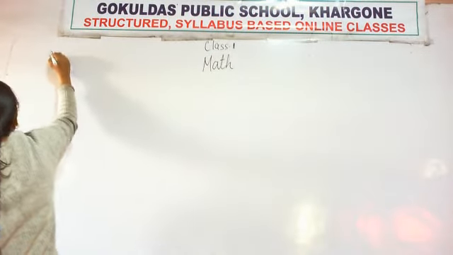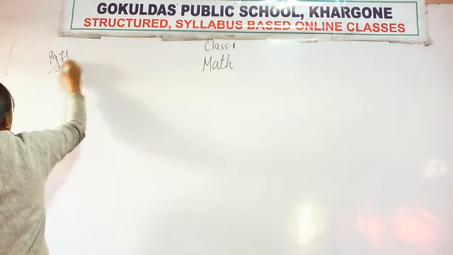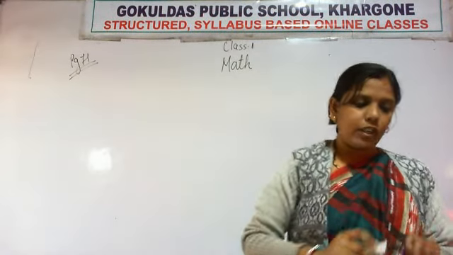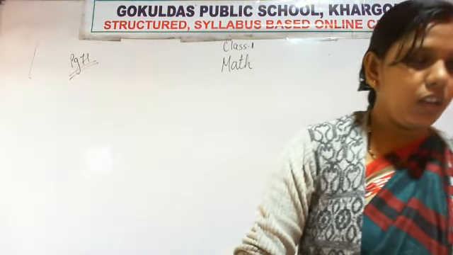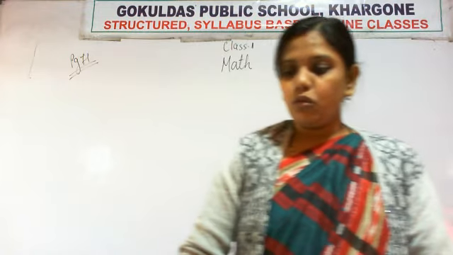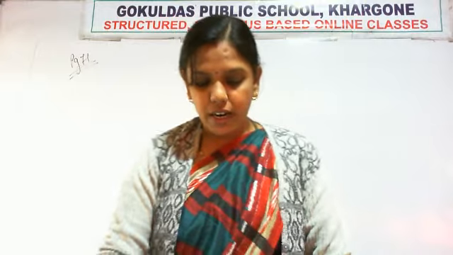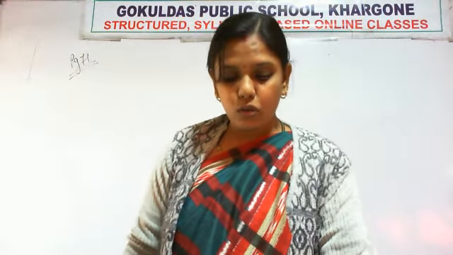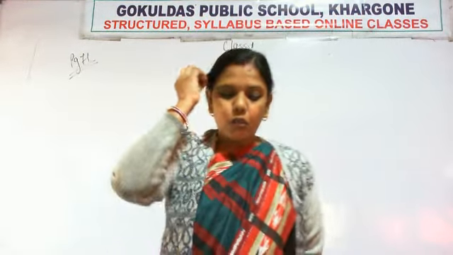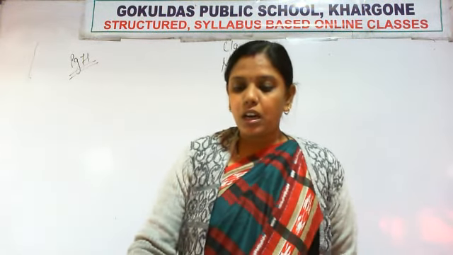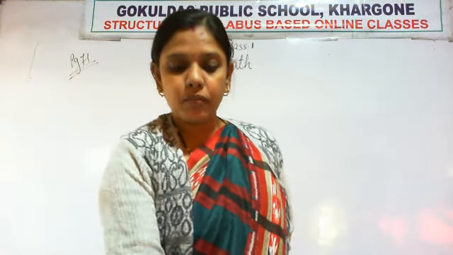Revision time. All the questions that are given we have solved earlier. Question 1, question 2, question 3 already we have solved. So today we are going to solve questions 4, 5 and 6. Today we are going to complete this revision time exercise.